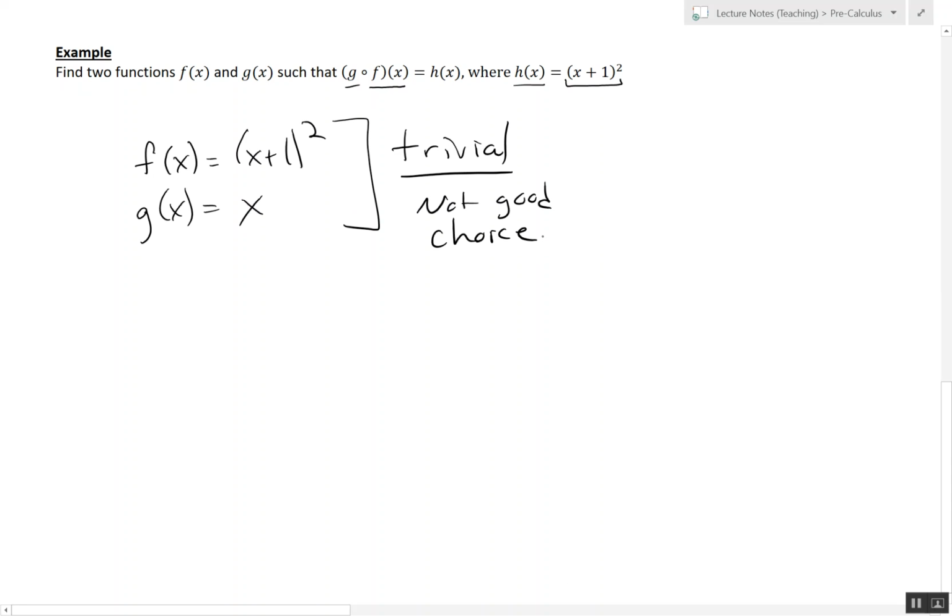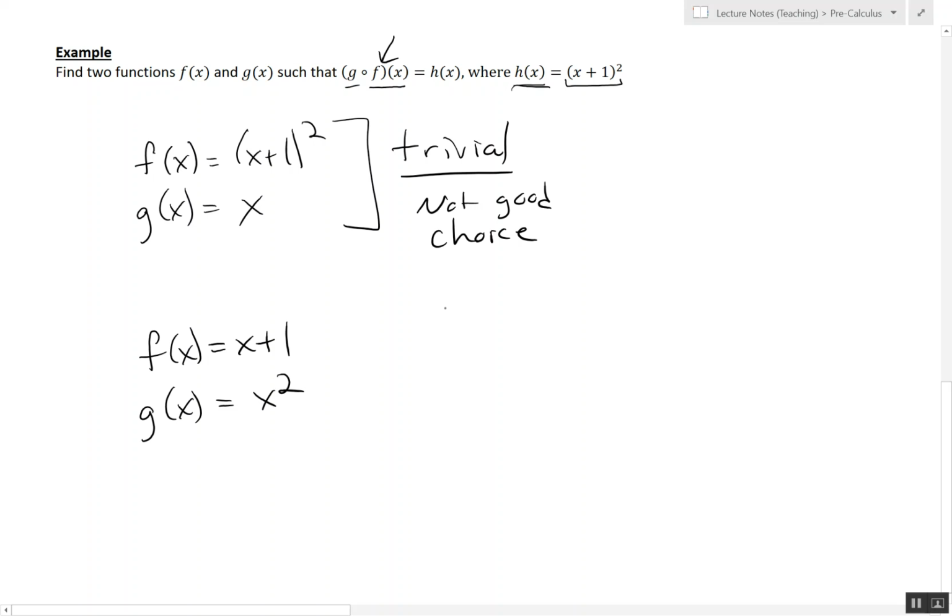Well, let's just maybe replace x plus 1 instead. So we're going to let f of x be x plus 1, since f in this case is the inner function. And then the outer function g of x is going to be h of x with x plus 1 replaced with x. So this will just be x squared.